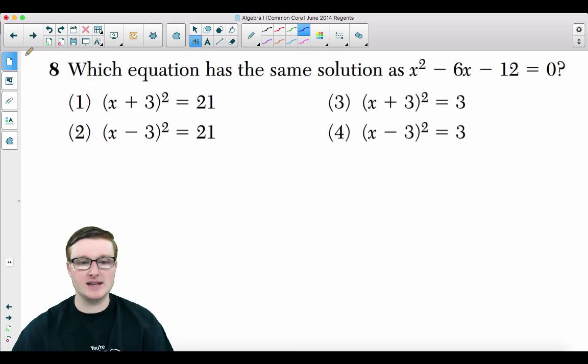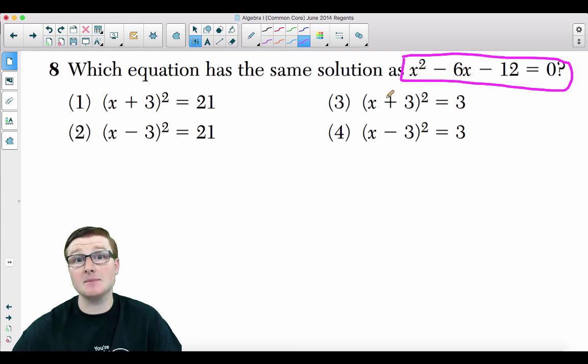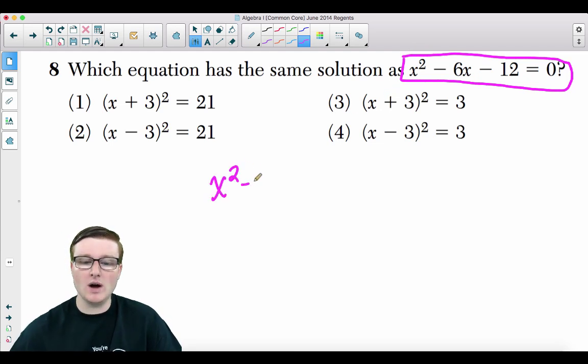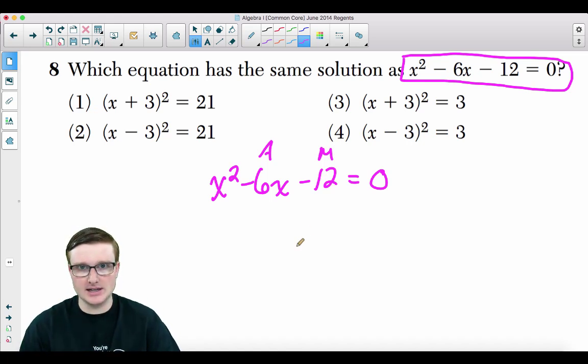All right, moving on to question 8. Which equation has the same solution as x squared minus 6x minus 12 is equal to 0? Okay, so this equation cannot be factored by the trinomial method, as in what adds to negative 6 and multiplies to give you negative 12, because no number satisfies those conditions.